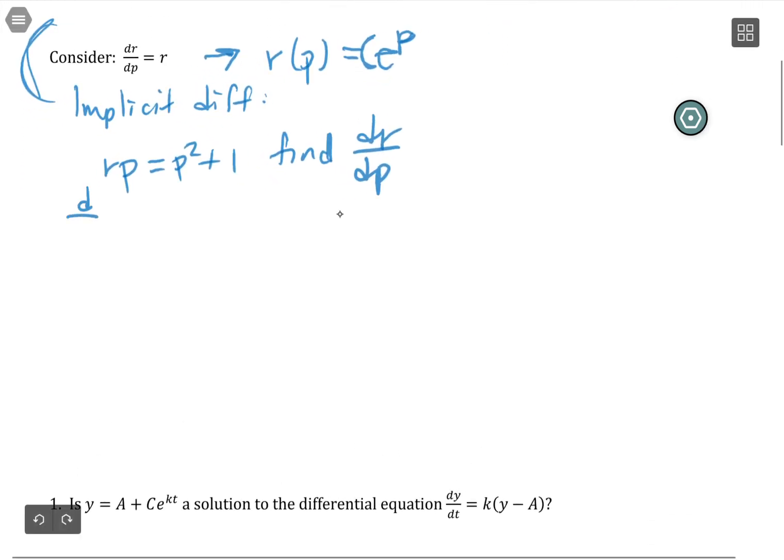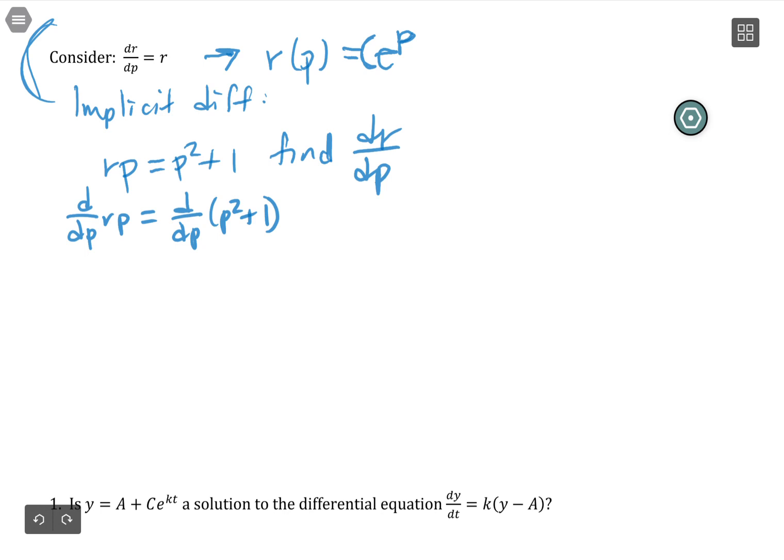So we would say d dp of rp is equal to d dp of p squared plus 1. And whenever we hit an r, we just want to remember that that's a representation of our unknown function. So now we have dr dp.